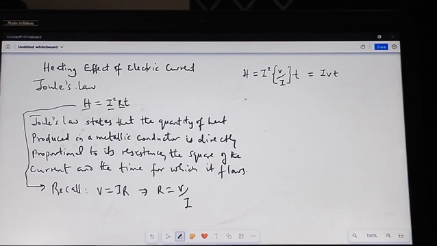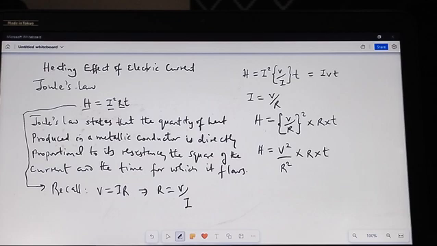That's the variant. Also, we can say that I is equal to V over R. So in place of I, we say H is equal to, here we have I squared, we replace it with V over R all squared times R times T. If we do that, our H will be equal to V squared over R squared times R times T. And that leaves us with V squared over RT.